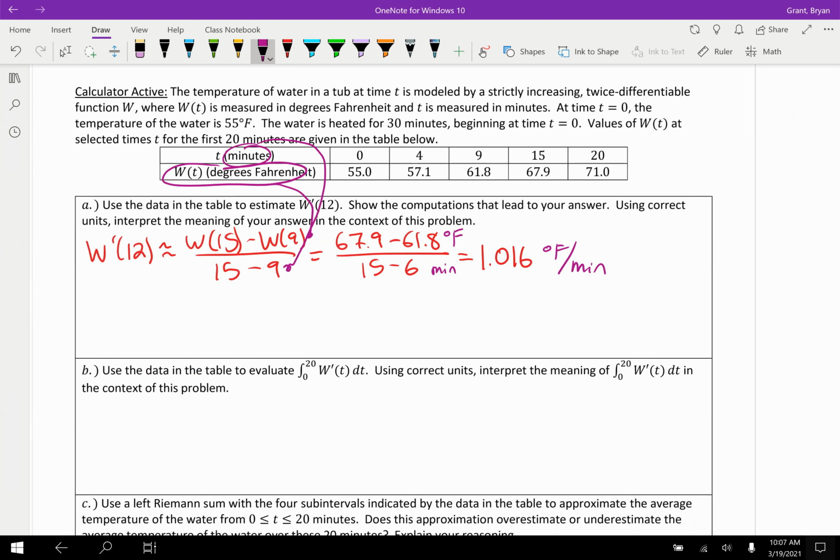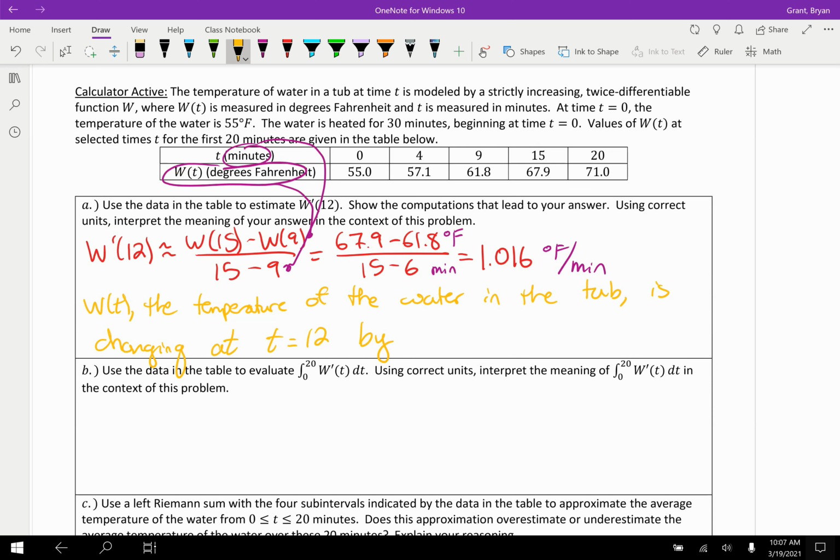Okay, from here we do need to interpret the meaning of our answer. So, same thing as before. W of t, and we're going to explain what W of t is. The temperature of the water, hence W, in the tub is changing, because a derivative right here always measures the rate of change, is changing at t equals 12 by, and it's always at, it's not during, it's not over, it's at.